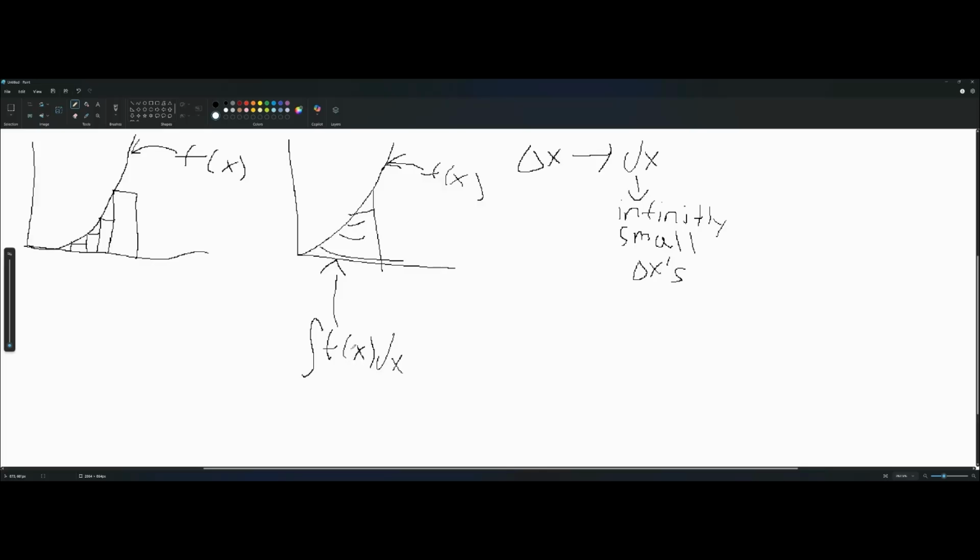And then this is just the formula of a rectangle, right? Our f of x times our dx. So basically, a quick review, this is just our sum of infinitely small rectangles, the area of infinitely small rectangles.